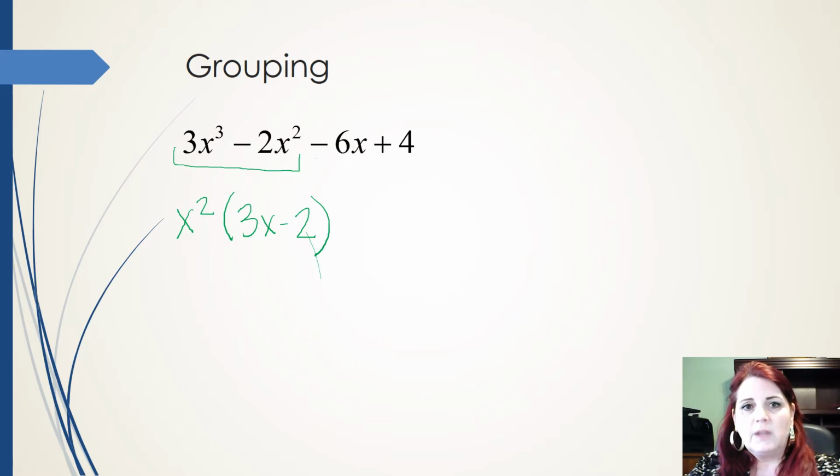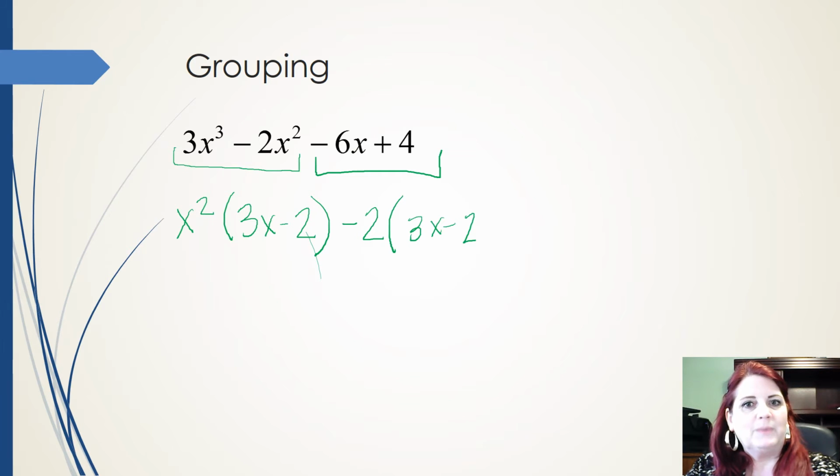Then I want to take a look at this pair of terms in the polynomial. Negative 6x and 4 have a common factor of negative 2. And when you factor the negative 2 out, you're left with 3x minus 2. So now we have two terms, and they both have 3x minus 2 in common.